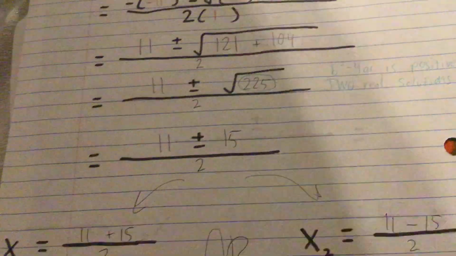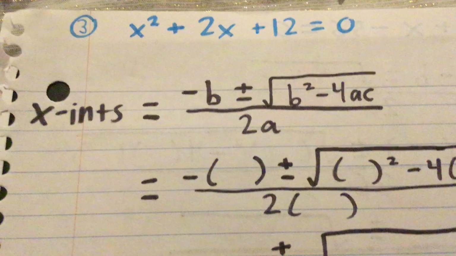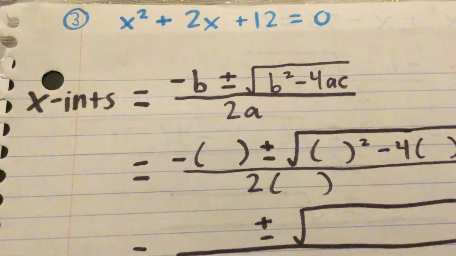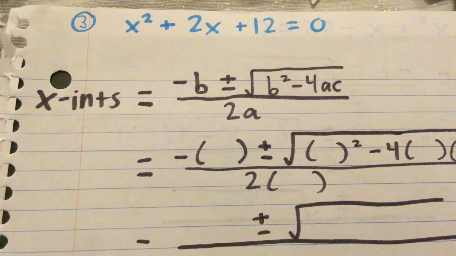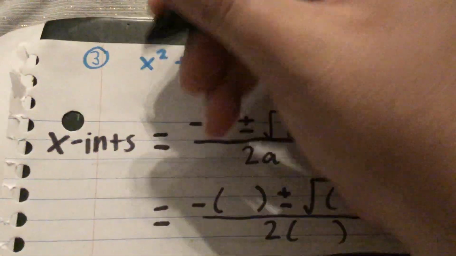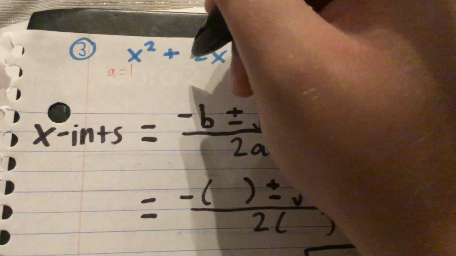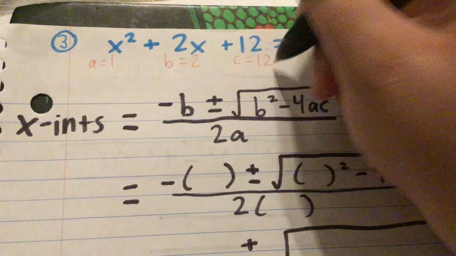Okay, moving on to problem number 3. Just want to confirm. There we go. So remember when we did this with factoring, it wasn't exactly comfortable. Well, let's do this. X squared plus 2x plus 12 is equal to 0. Well, I'm going to use a equals 1, b equals 2, and c equals 12.